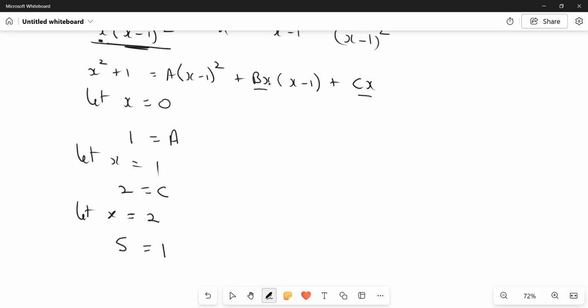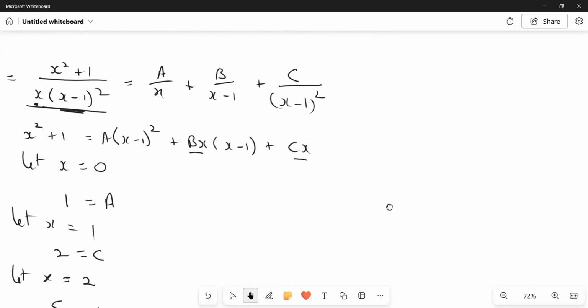B times 2, we go with 2 minus 1 is 1, so B times 2 is 2B, plus, and C is 2, so 2 times 2 is 4. Are we getting it right? So 5 is equal to 5 plus 2B. And the only way this is going to be true is if B equals 0, right? B is 0.